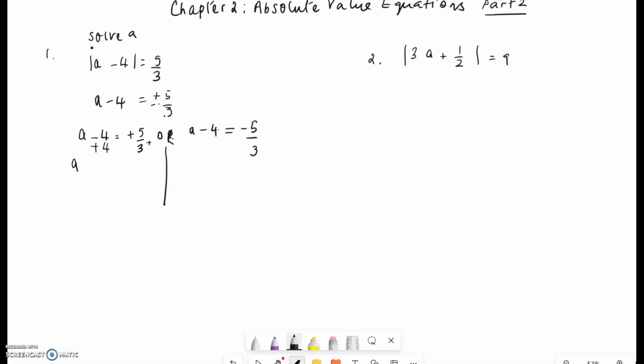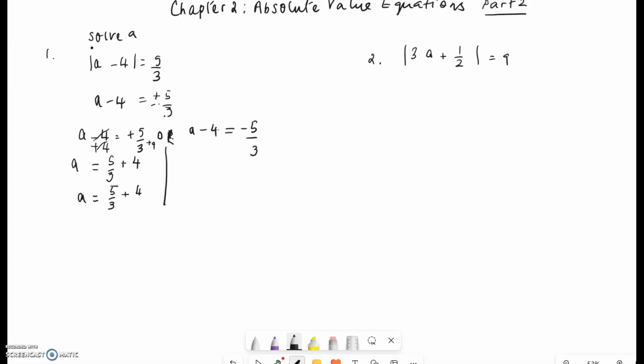We add 4 on both sides, so this becomes a plus 0 equals a, and we now need to add 5/3 plus 4 on the right. So a is equal to, the common denominator is 3.